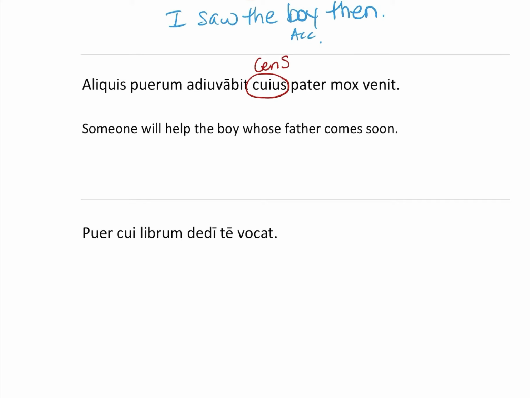And who is it referring to? Someone will help the boy whose father comes soon. So whose father? The boy's father. So we know that it's way back here. And we know that puerum has to be accusative singular, but if you look down here, the boy is the victim of being helped, so that's what makes it the direct object or the accusative.